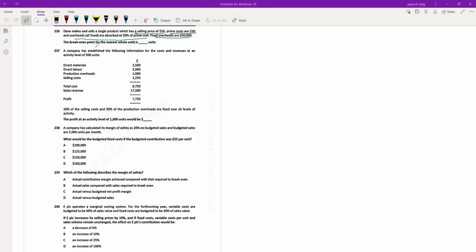The break-even point units is: break-even point is equal to fixed overheads 50,000 divided by contribution per unit, where we have selling price of 26 minus variable cost of 10. So we have 3125 units.